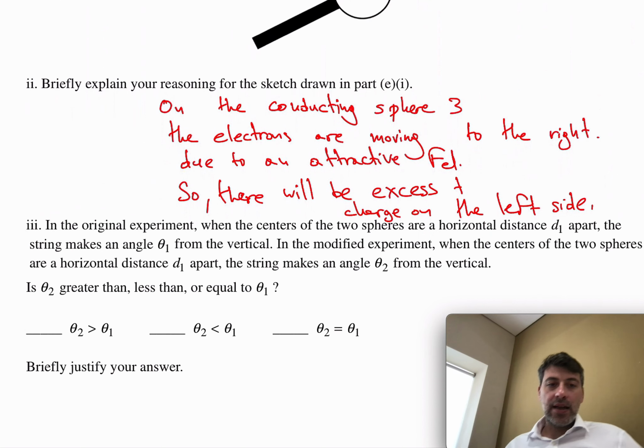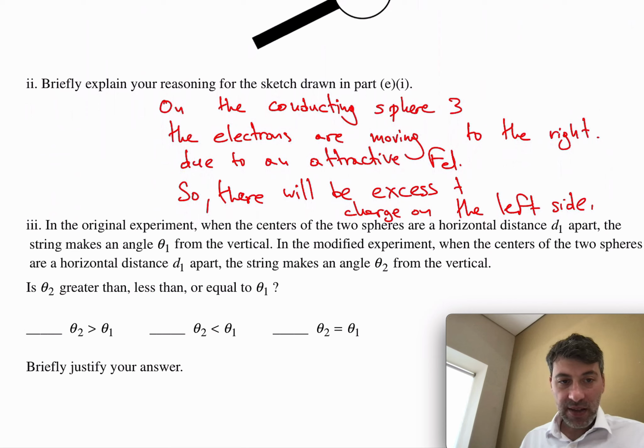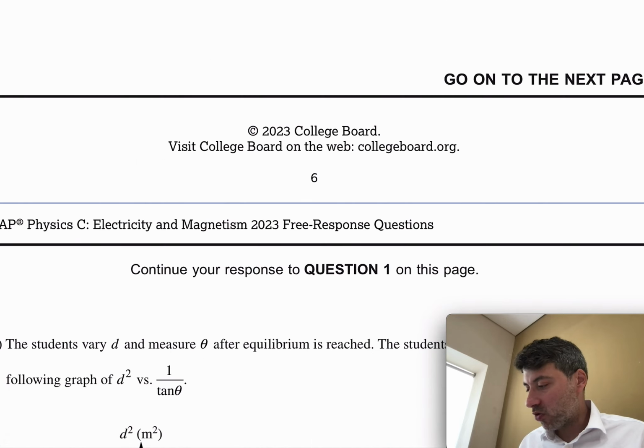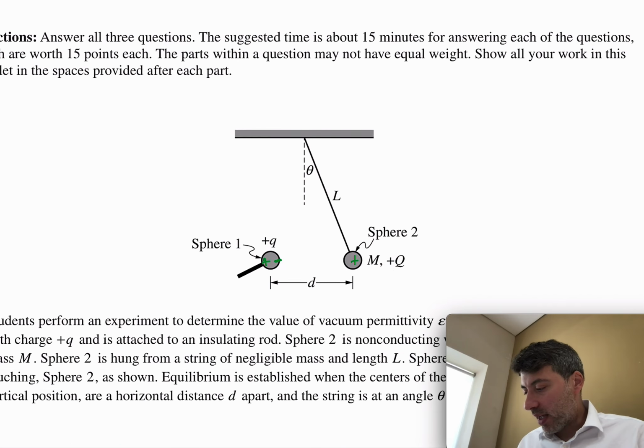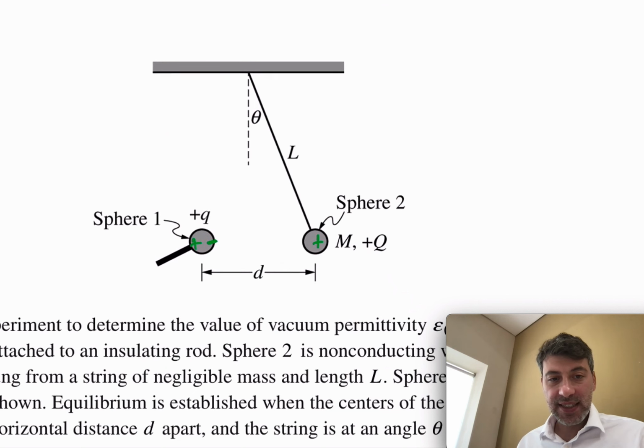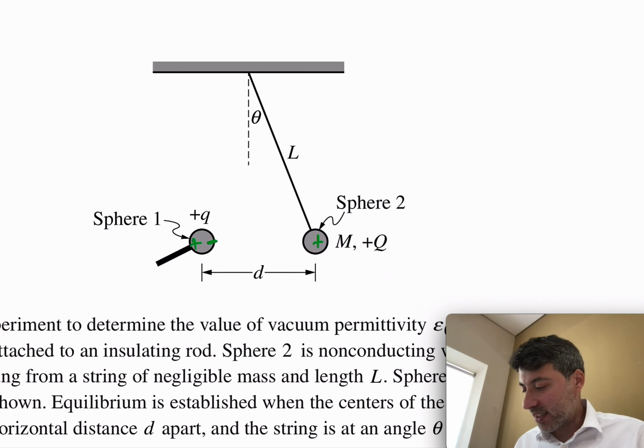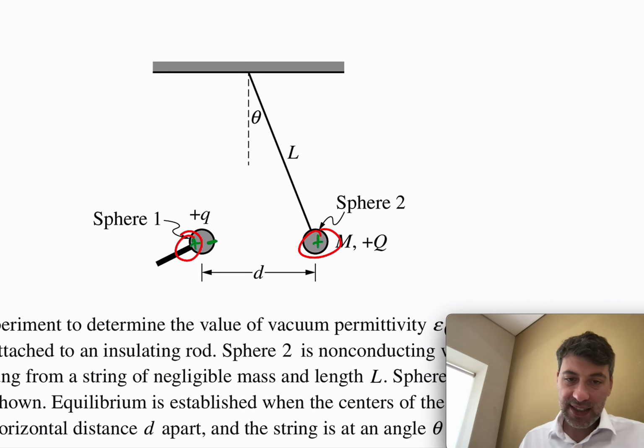And in this new situation, actually in the original experiment, there was a distance 1 and an angle 1. If we keep the same distance, what is the new angle? Well, I don't really know what is the new angle. However, what this change will provide is that since these two positive charges are at a little bit slightly greater distance than before, okay, the distance between the balls is the same.